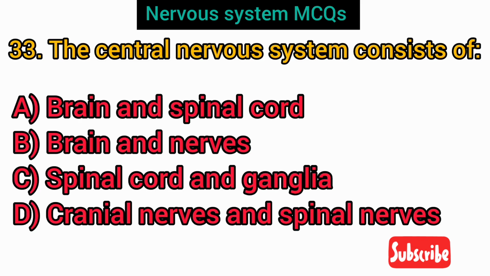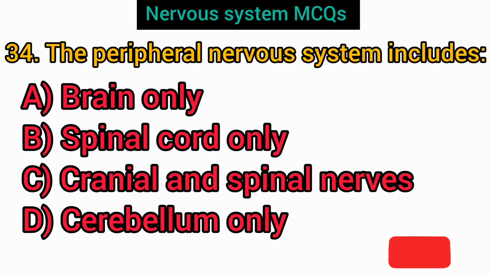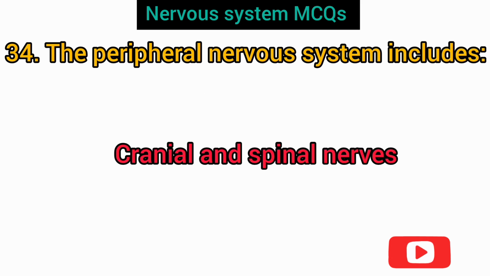The central nervous system consists of brain and spinal cord. The peripheral nervous system includes cranial and spinal nerves.